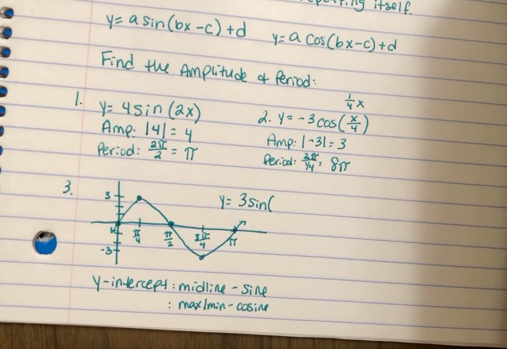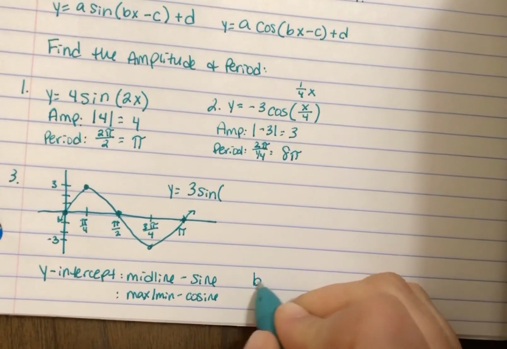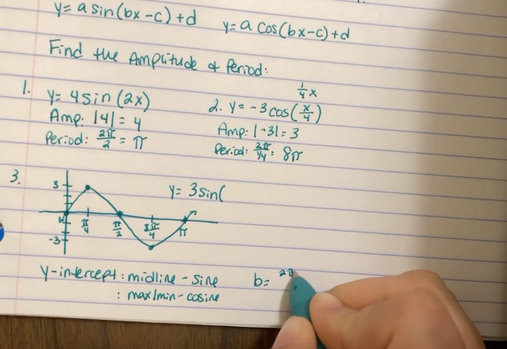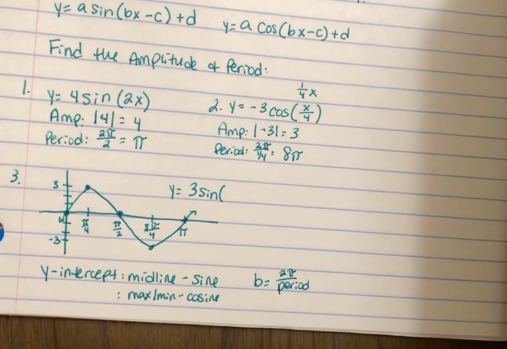Now, the other thing that you have to do is figure out what b is. To find the period, we did 2 pi divided by b. So to find b, you do the opposite: 2 pi divided by the period. Those two values just switch.